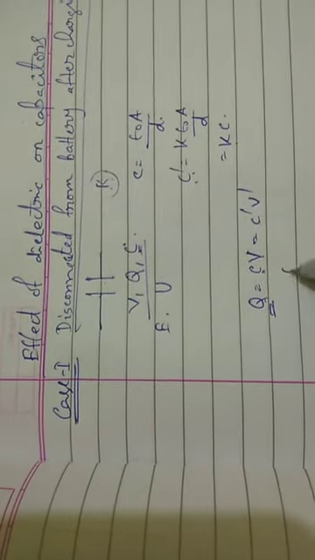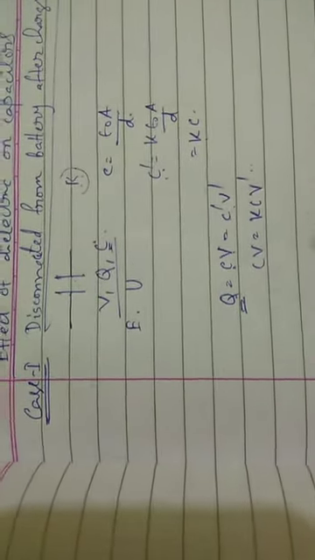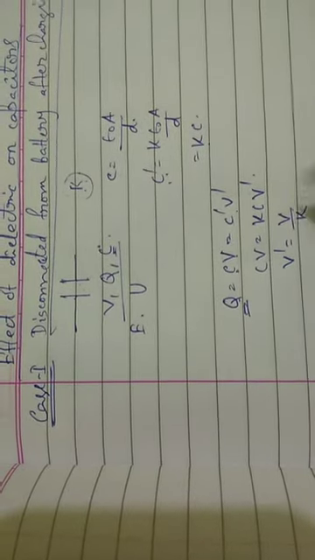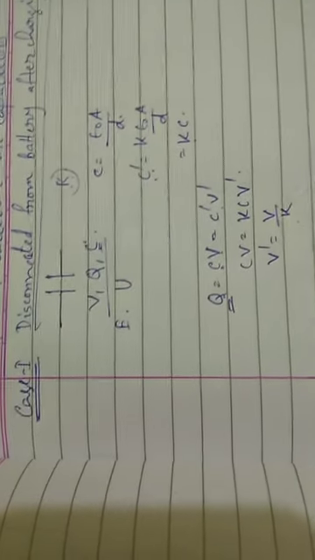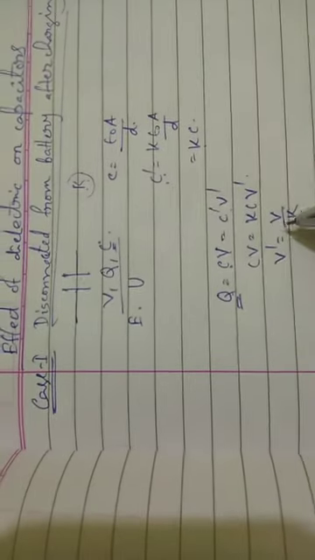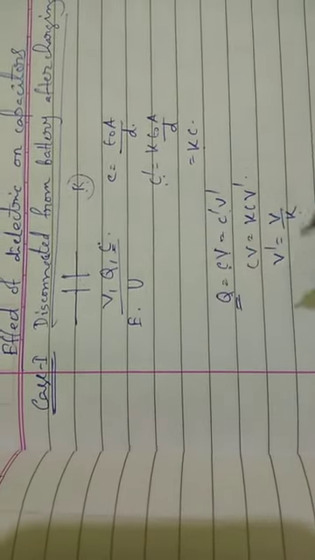And CV equals C prime, which means KC, times V prime. So V prime will be equal to V by K. So actually the potential difference between the plates will decrease by K times. So it is the case of introduction of dielectric medium inside the capacitor.